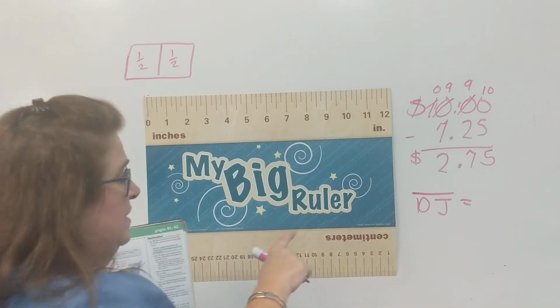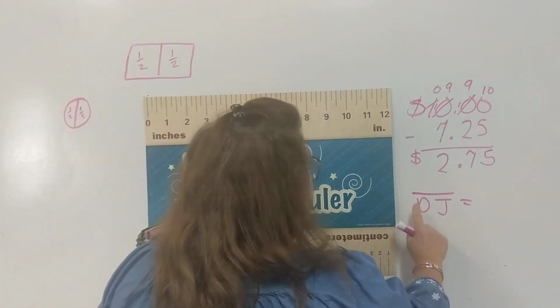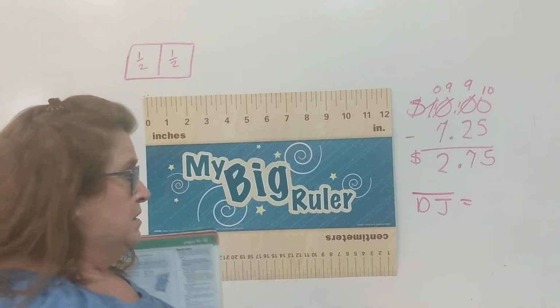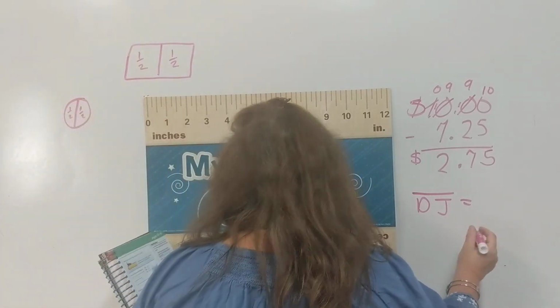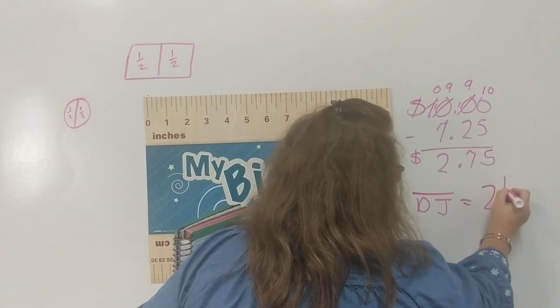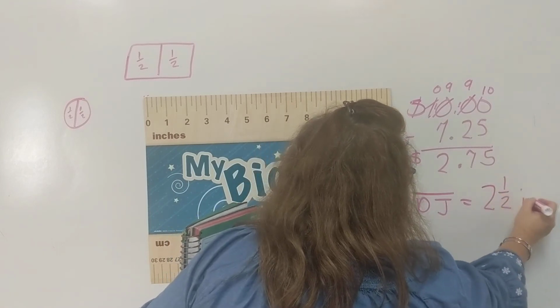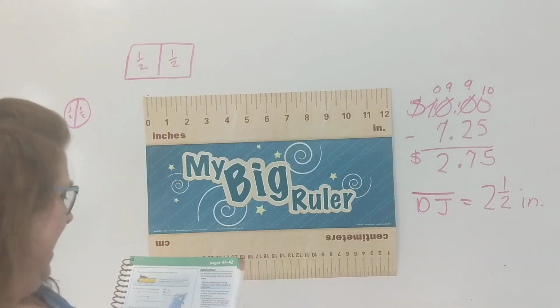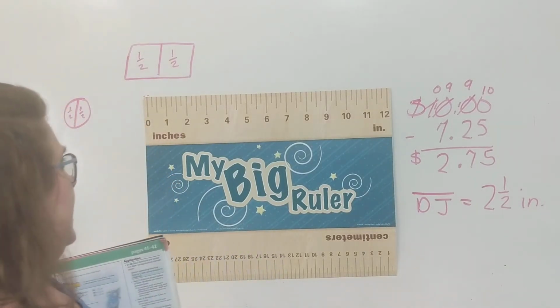So at the end, and the line above the letters means that that is a line. So line DJ equals 2.5 inches. So on your line there, you're just going to need to write 2.5 beside DJ.